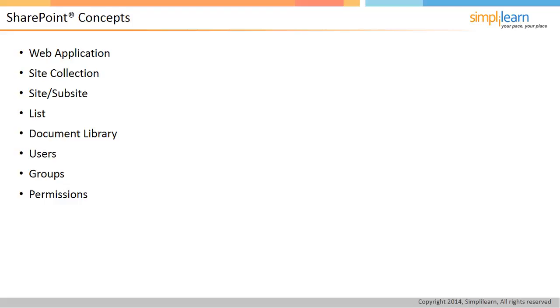At the next level comes the site. A site is basically an instance of a template that defines the features available at a particular URL in the SharePoint system. Sites can be nested within one another to any number of levels. In this case, each site can be alternatively termed a subsite as well.